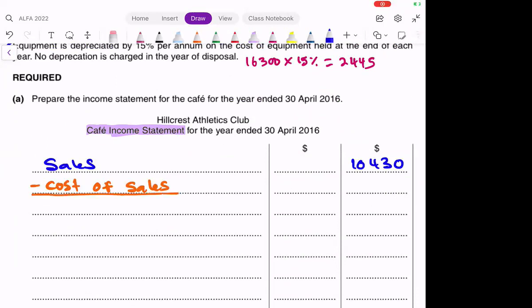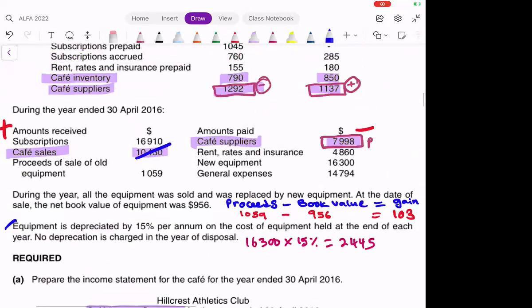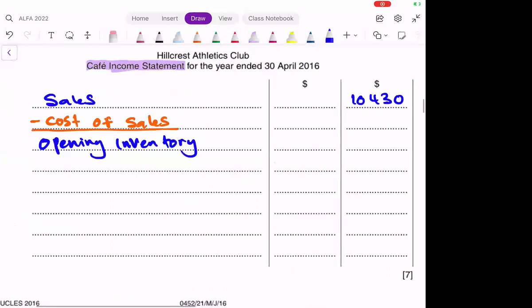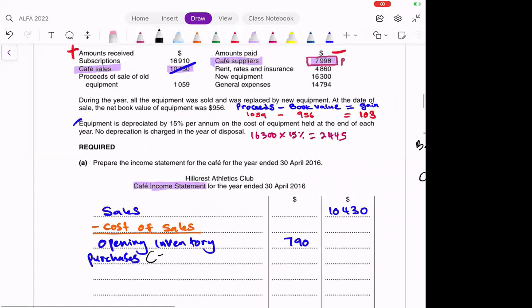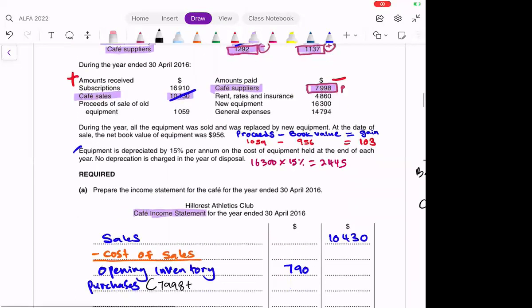Your cost of sales will start with opening inventory, which is 790. This opening inventory will be plus purchases. Purchases need to show the working. Payment 7998 plus 1137 minus 1292. Must show the working.